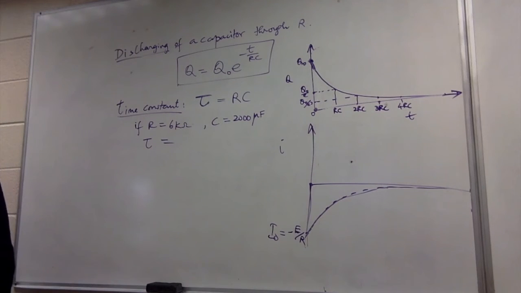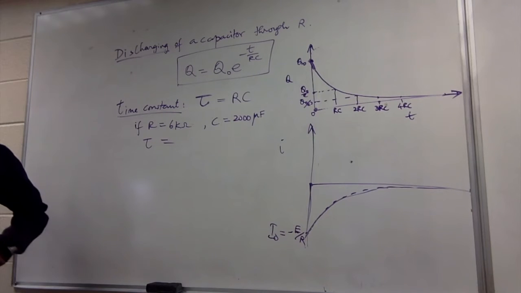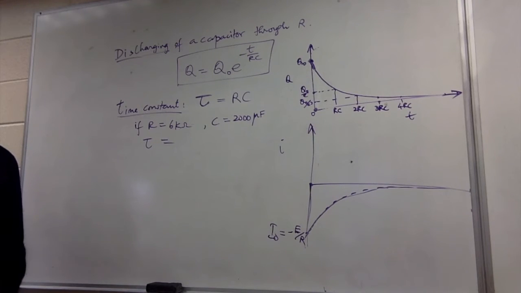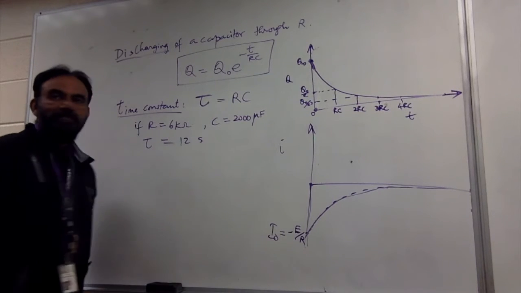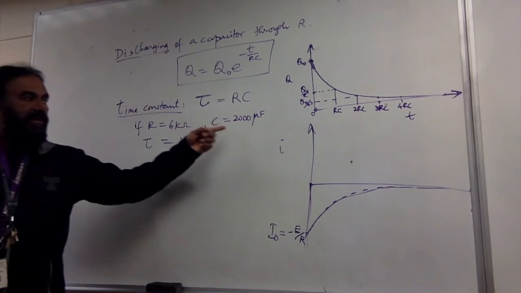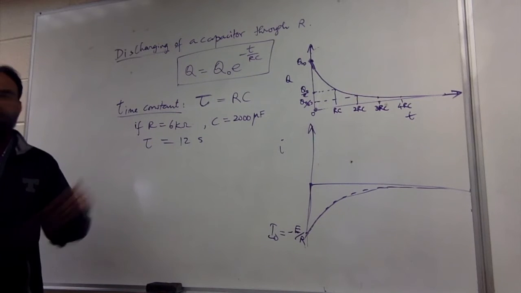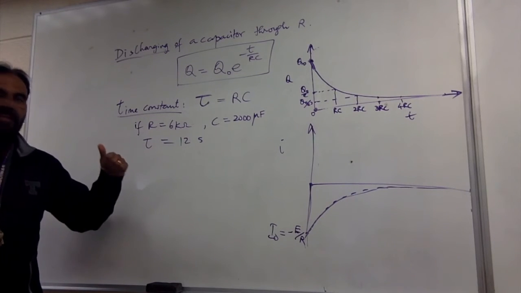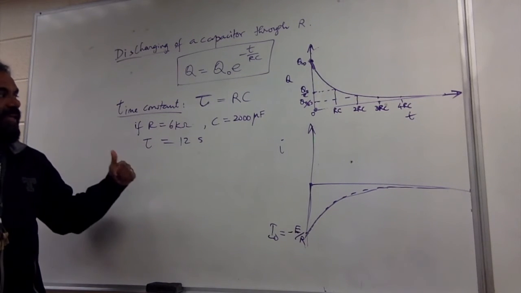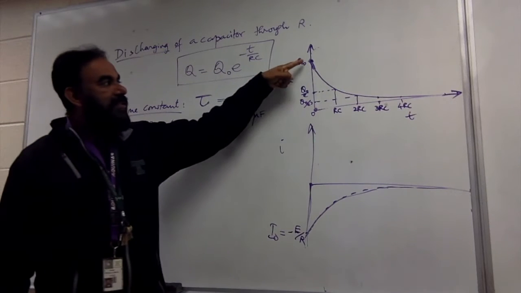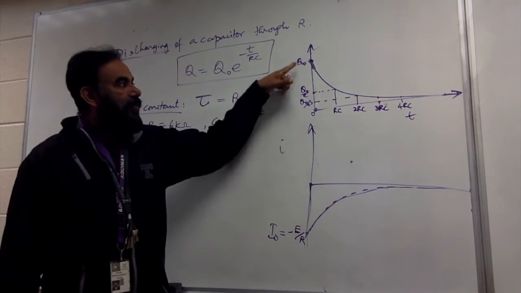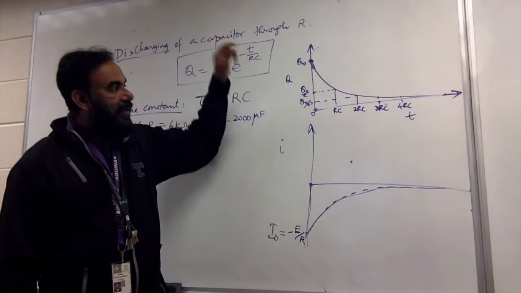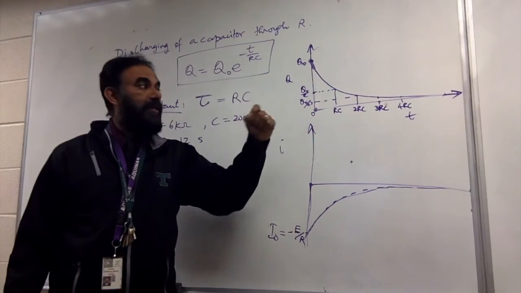What is the time constant? Yeah, 12 seconds. All you do is multiply R and C. You multiply R and C, you get 12 seconds as your time taken for this capacitor to drop from the initial charge it had to 1/e of it.